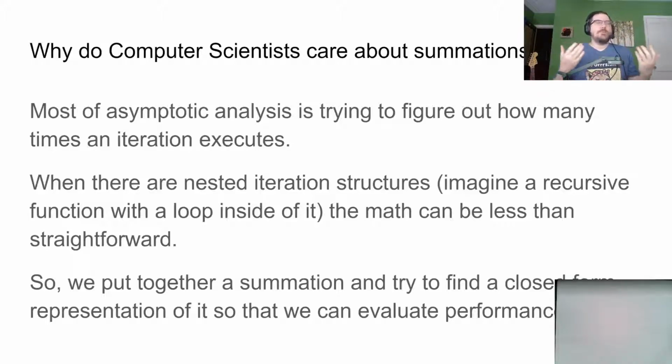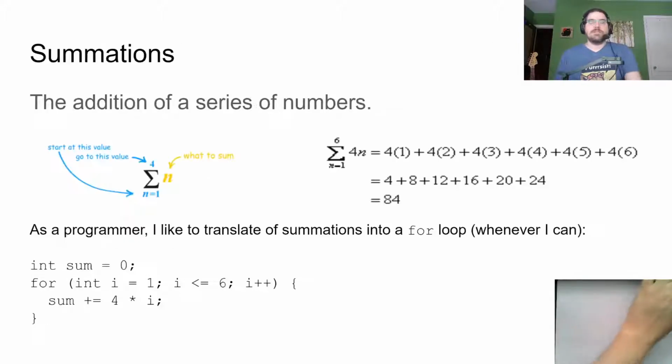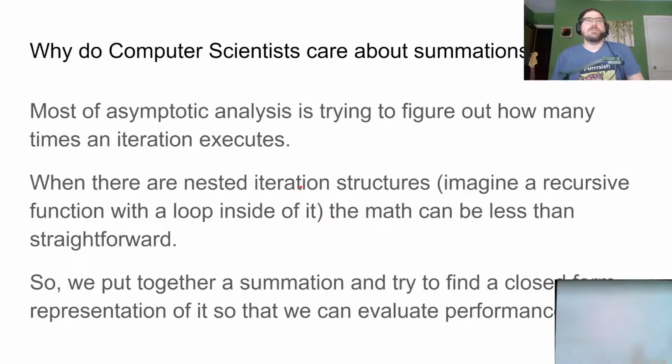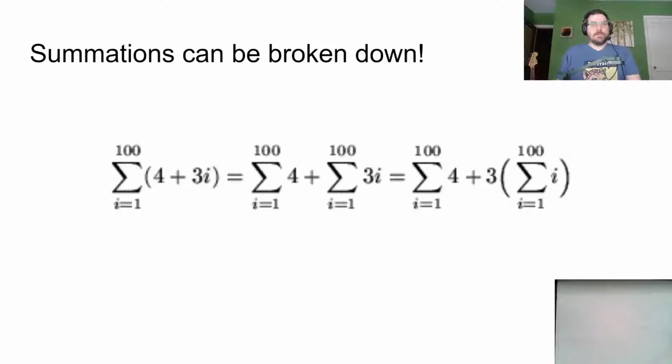The closed form means you basically are going to turn what has the sigma summation symbol, this thing, what we have here, this summation, into just a normal function, like n squared plus 3n plus 5 or something like that, right? No summation there. That's closed form. You don't have to be adding things over time and so on and so forth. Something you also learn how to do in one of the calculus classes.